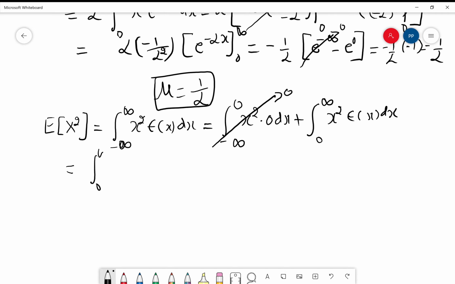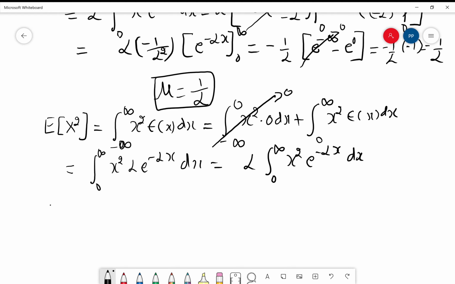0 to infinity x square into f of x, here alpha into e power minus alpha x dx, which can be written as alpha outside, 0 to infinity x square into e power minus alpha x.